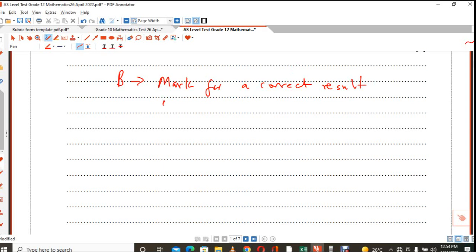Or you write that statement. It is independent of the method marks. So that statement is okay no matter what the method was, and then you get a B mark.